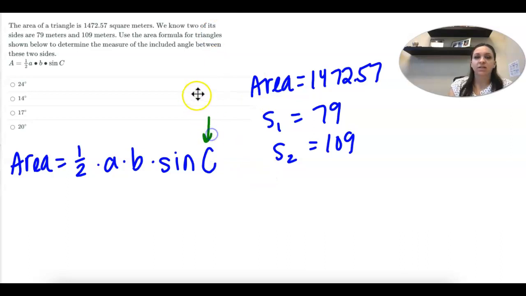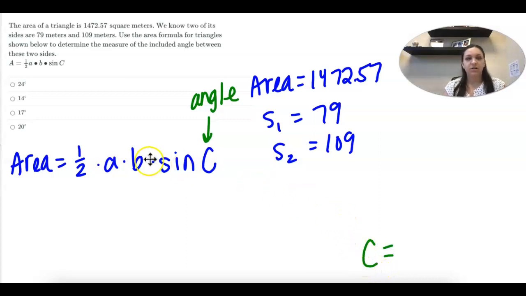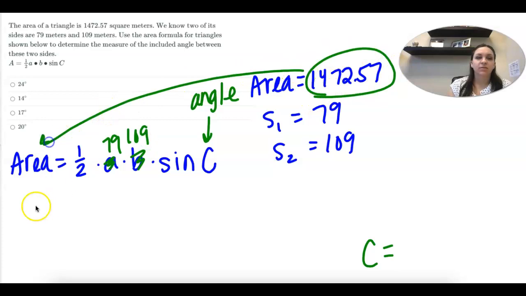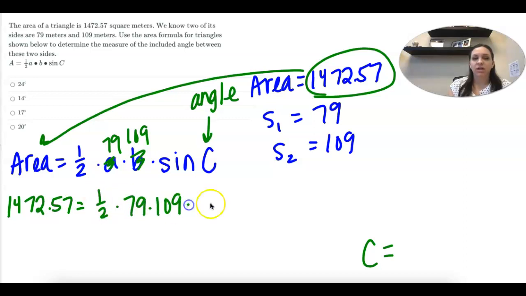So this is the angle. That's what we need to solve for. We need C all by itself. Our two sides are 79 and 109, and our area goes here. I'm just going to rewrite it. 1472.57 equals 1/2 times 79 times 109 times sine of C. We have all these numbers here.